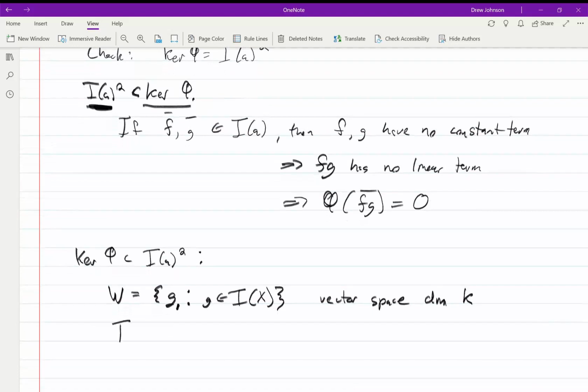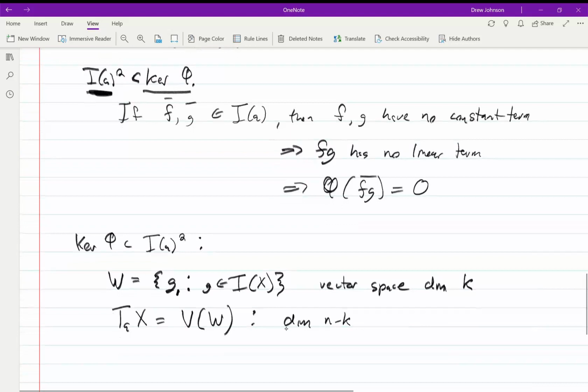And of course, the tangent space is by definition just the vanishing of all the polynomials in W. So it has dimension n minus k, where of course n is the dimension of A^n.